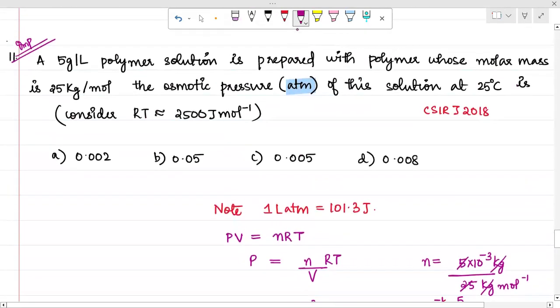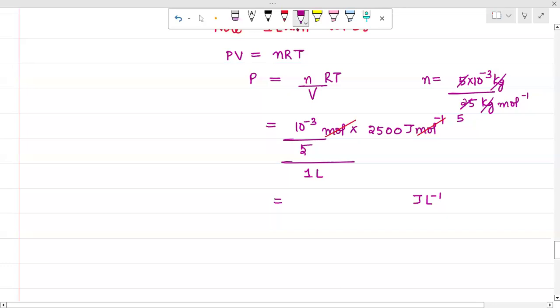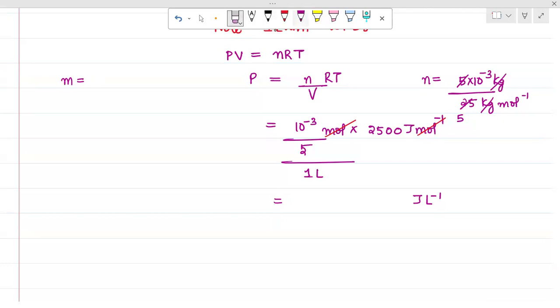Because in the question they have given 5 grams per liter. So the value of given mass is equal to 5 grams from the question. Molar mass is 25 kilograms per mole. To calculate number of moles, you will divide given mass by molar mass and the volume given is 1 liter. So we have taken these values.